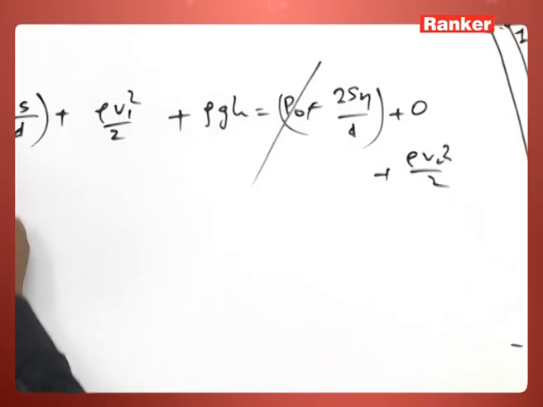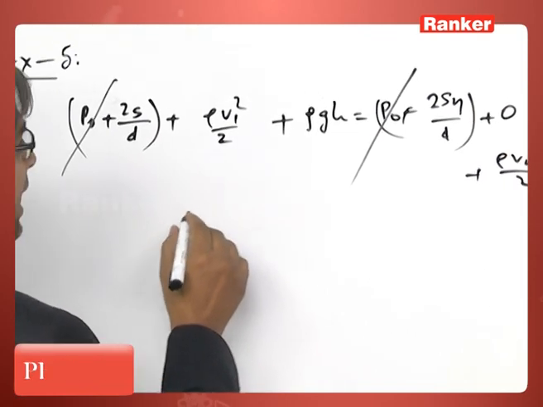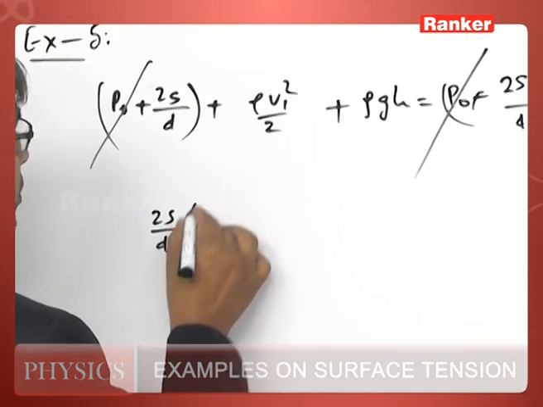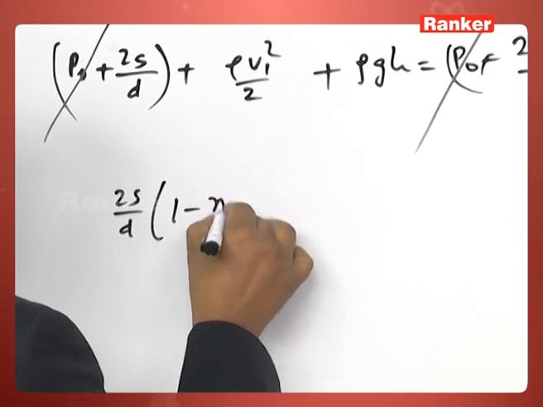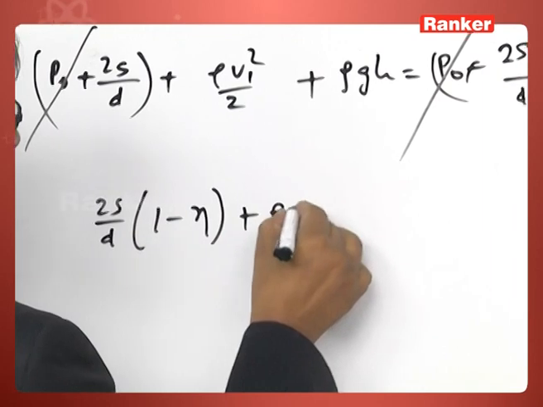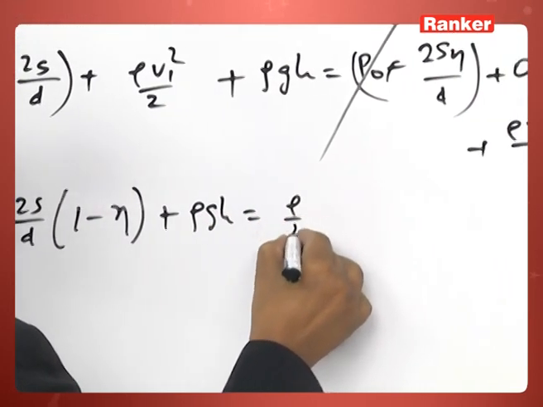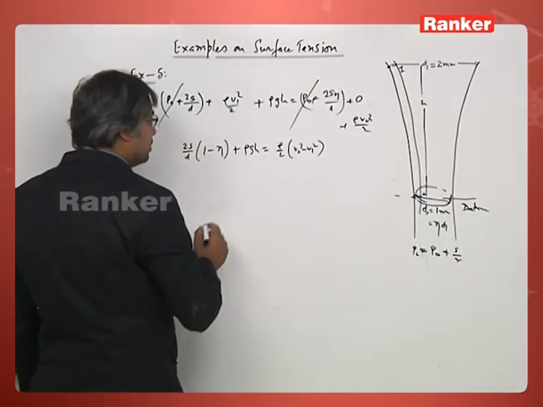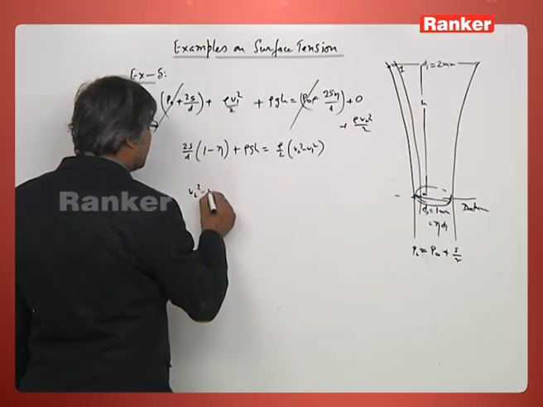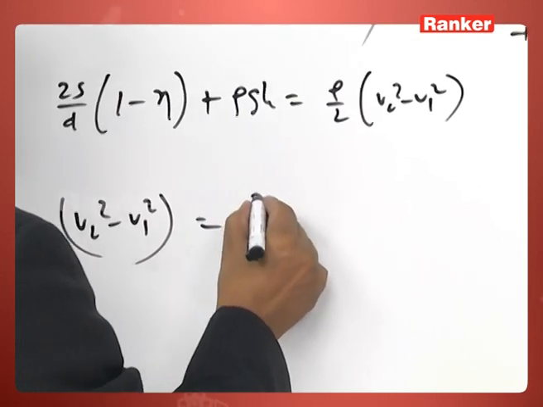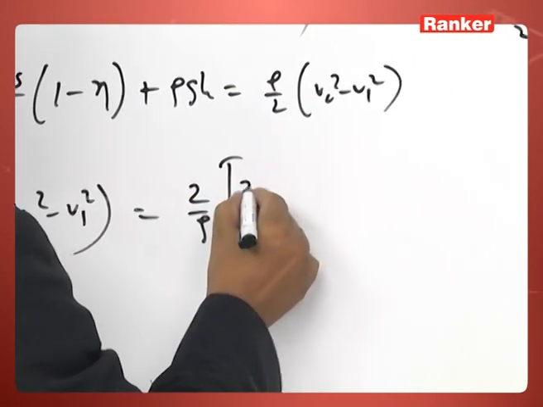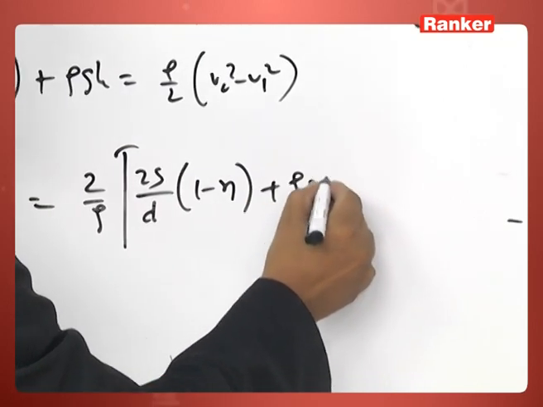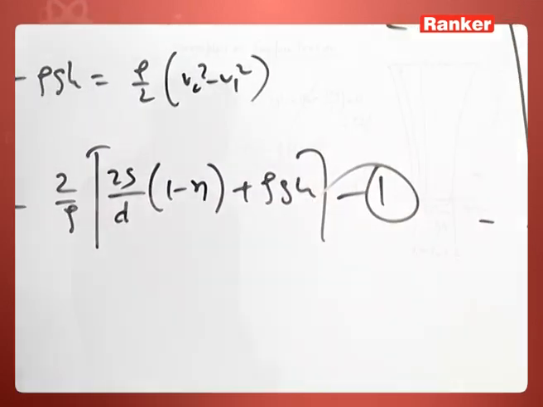P naught cancels. So we have 2S by d times 1 minus eta plus rho g h is equal to rho by 2 times V2 square minus V1 square. So V2 square minus V1 square becomes 2 by rho times 2S by d 1 minus eta plus rho g h. This is equation number 1.